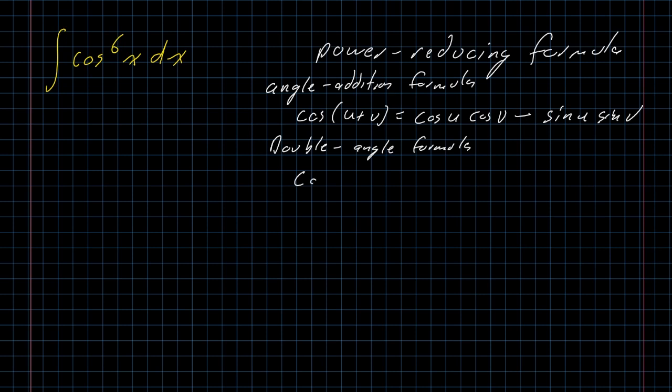Then I have cosine of 2u equals cosine u times cosine u, which would be cosine squared u, minus sine u times sine u, which would be sine squared u.